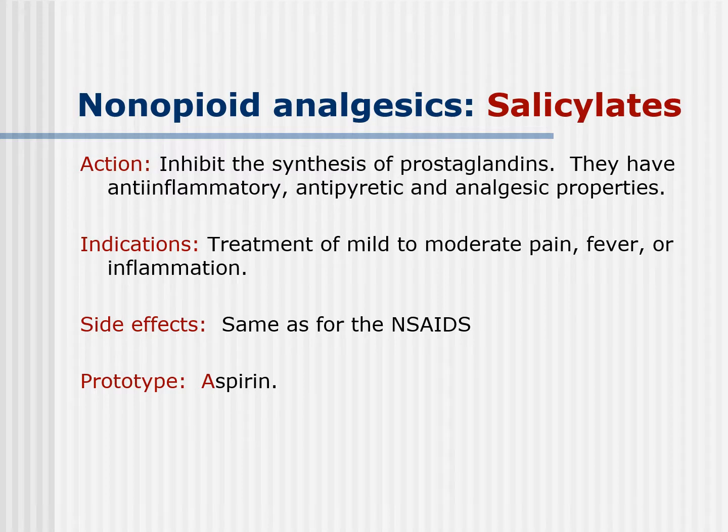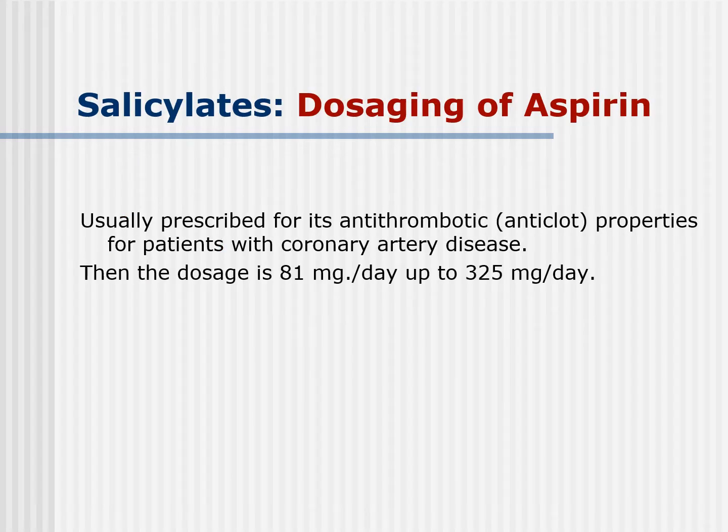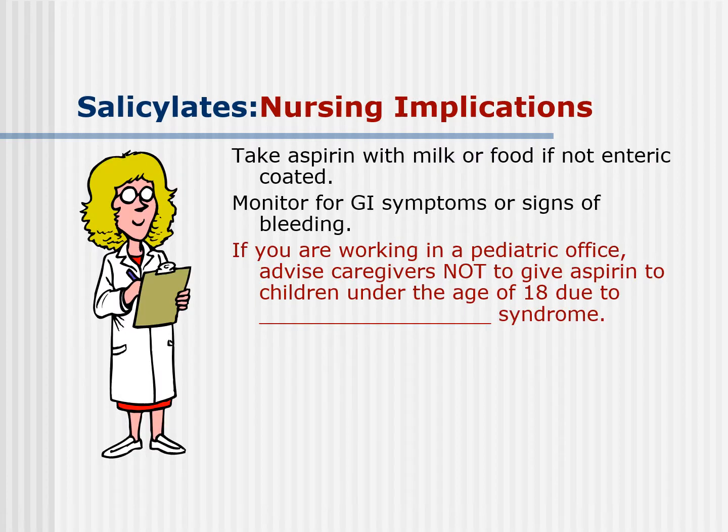Here we're talking about pain, but just know antiplatelet aggregate. So the once a day dose is 81 milligrams to 325, as an antithrombotic with anti-clot properties, but that'll come back to you in perfusion.